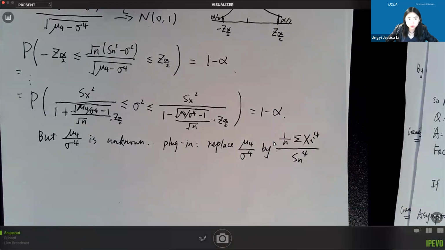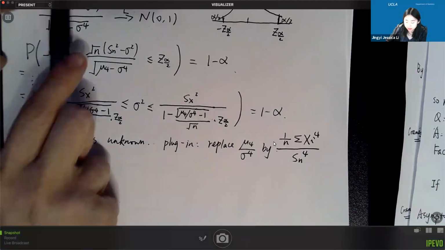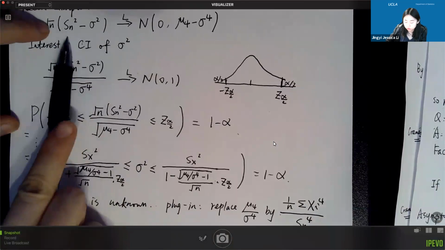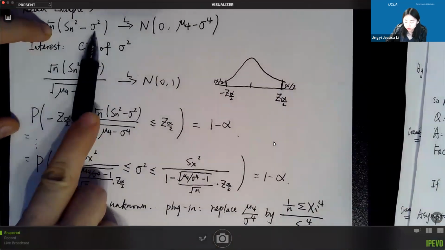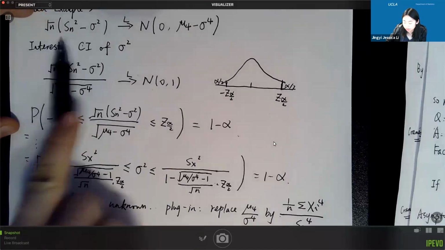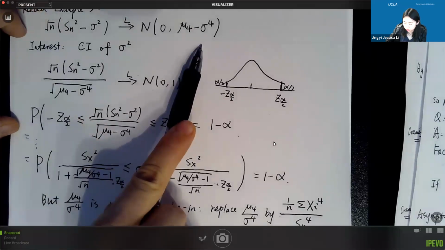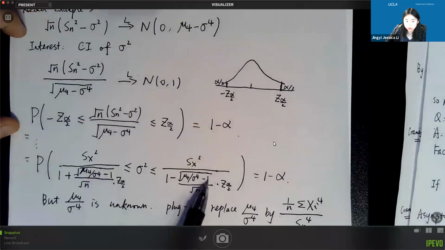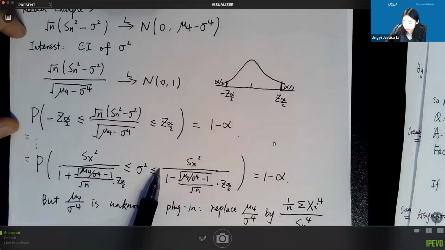But I think you are aware that this is not perfect, right? Because in statistics, we always concern about the uncertainty in our estimates. Otherwise we would just use Sn squared to replace sigma squared, we don't need to worry about its uncertainty. This whole discussion about asymptotic distribution and the confidence interval as a result are concerning the uncertainty in Sn squared.